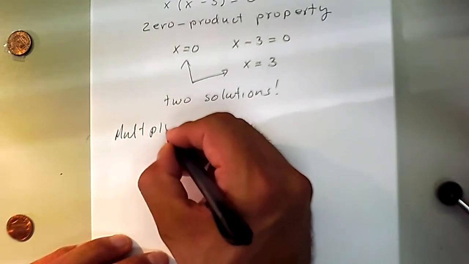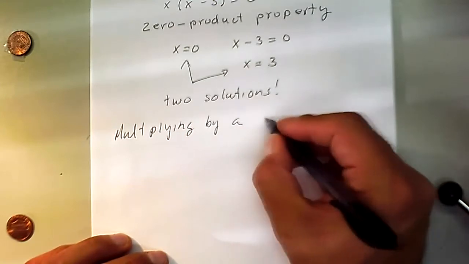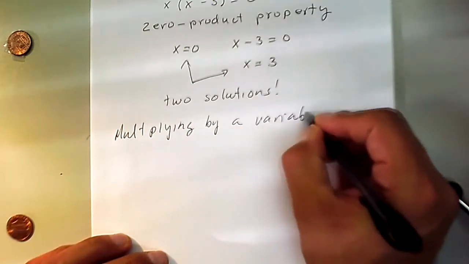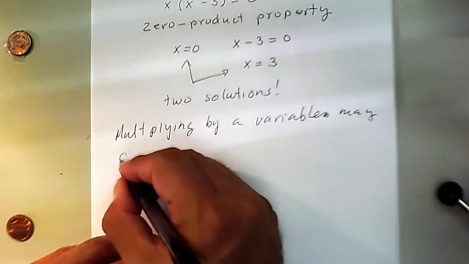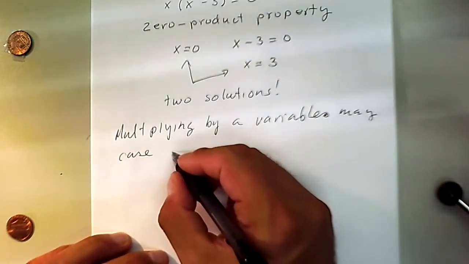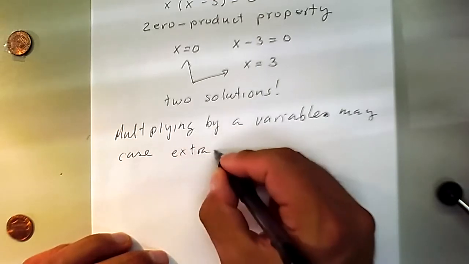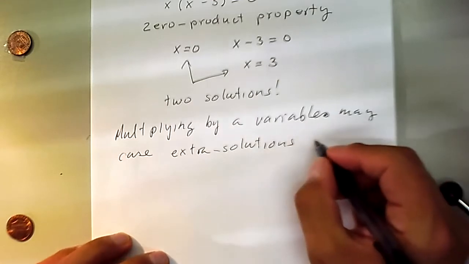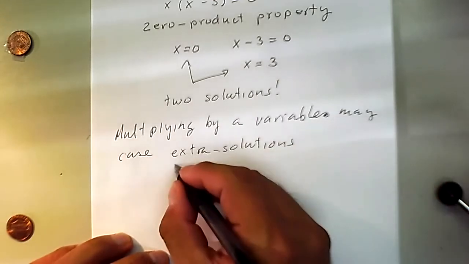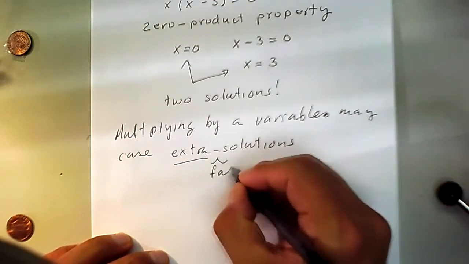Multiplying by a variable may cause extra solutions, so extra false solutions.